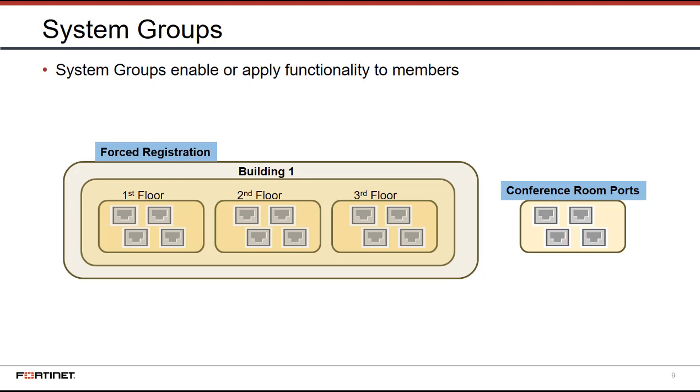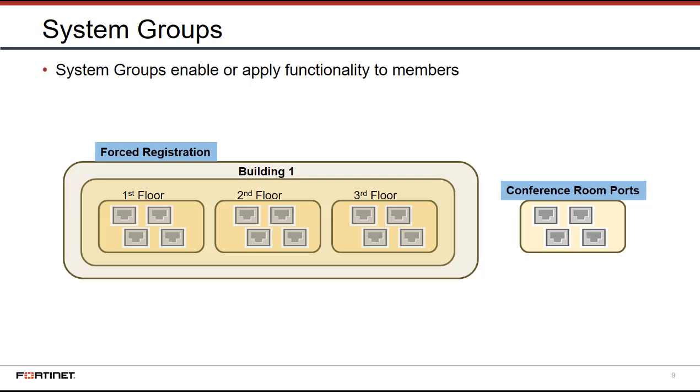That forced registration group is a system group. And if you recall from the previous slide with the decision table, we could go down and see what states we would be enforcing on. So forced registration enforces on unknown or rogue devices. So in this situation, if an unknown or rogue device came in and connected into one of our conference room ports on the right, there would be no enforcement.